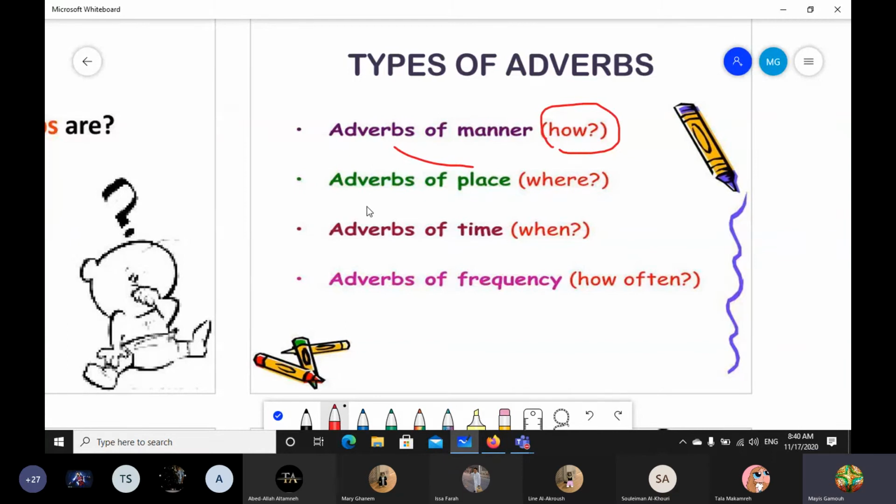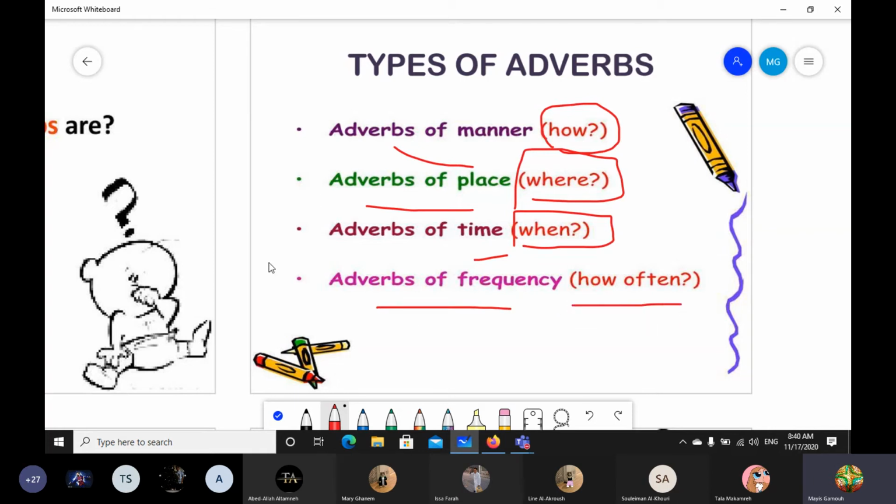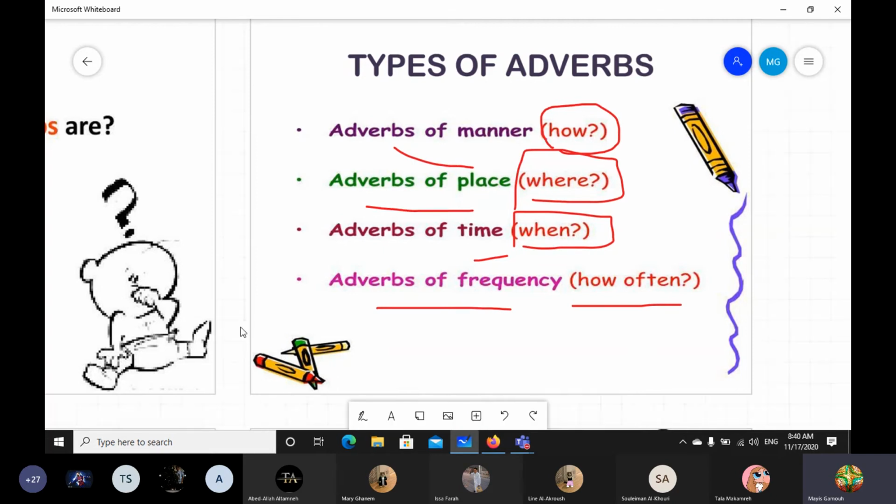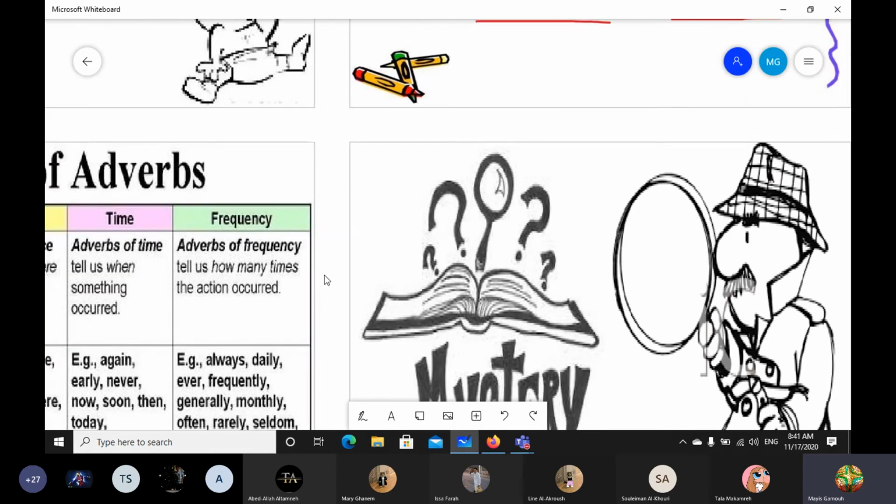We have adverbs of place, which tells us where, adverbs of time, which tells us when, and one to add to your information, we have also adverbs of frequency, how often, how many times I am doing this action, this verb.